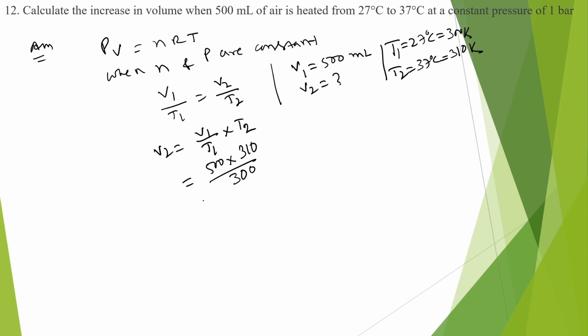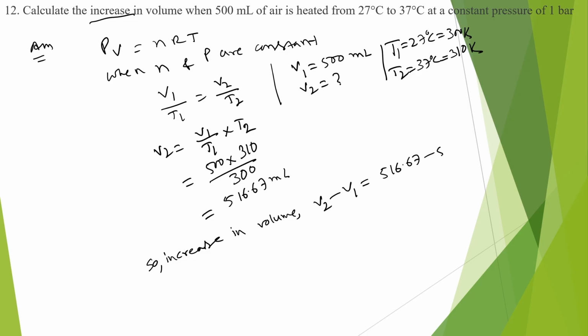So we get value of V2 as 516.67 ml. We need to calculate increase in volume, not the final volume. So increase in volume is V2 minus V1, 516.67 minus 500 ml. This gives you 16.67 ml.